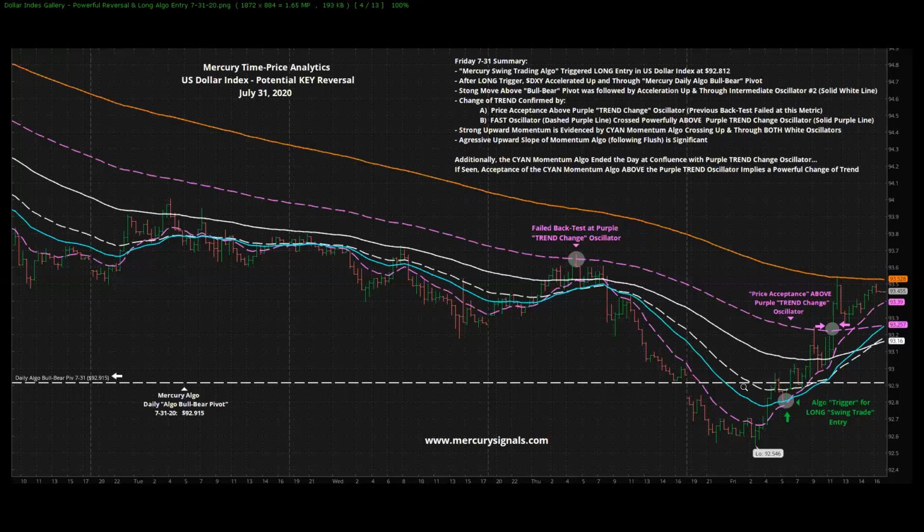But when you get something much more sophisticated than that, i.e. what's in this momentum algo, and it comes up at, call it, a 45-degree angle, and takes out both of these white oscillators, which are slower cycles, and closes right at the confluence here, now you've got price acceptance above algorithmically where the backtest failed the day before.